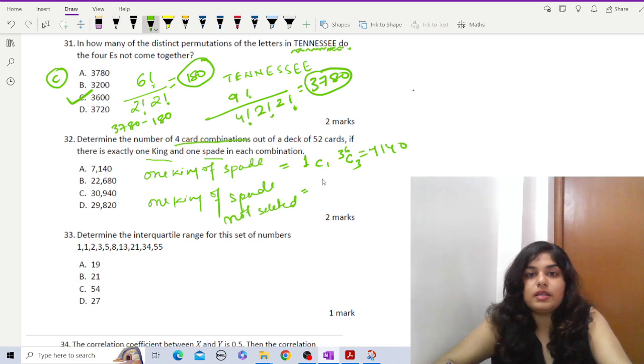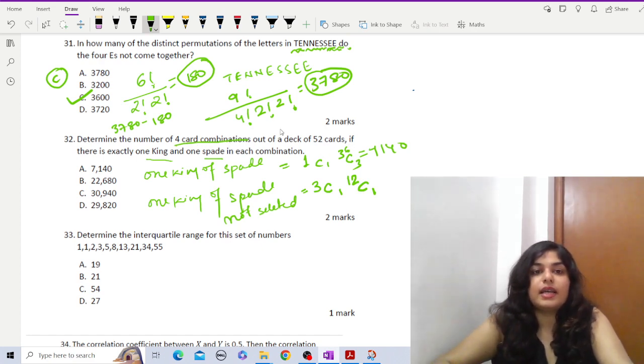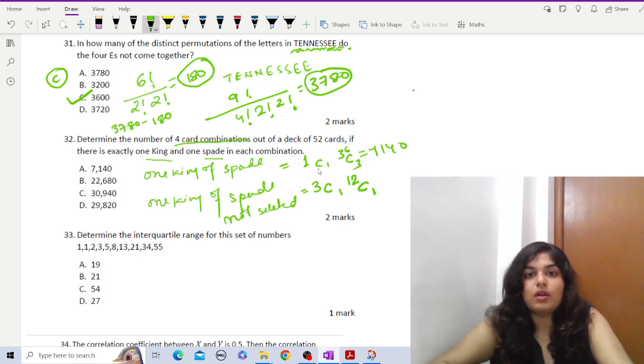And here it is 3C1, king of spade not selected, so 3 are selected, right? And the remaining one will be 12C1. Okay, so for 4 card combinations out of a deck of 52 cards with exactly 1 king and 1 spade in each combination: 1 king of spade, so that it becomes 1C1, and out of the deck we will select 3 from the other cards.